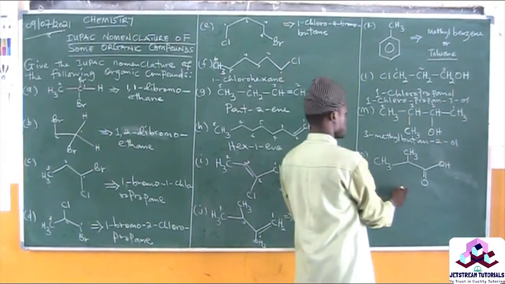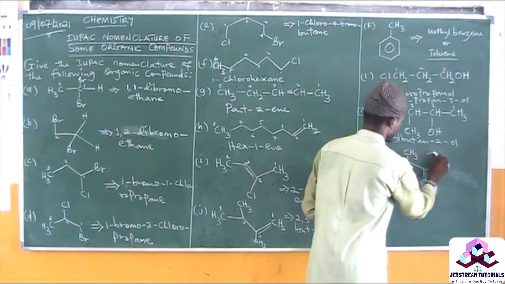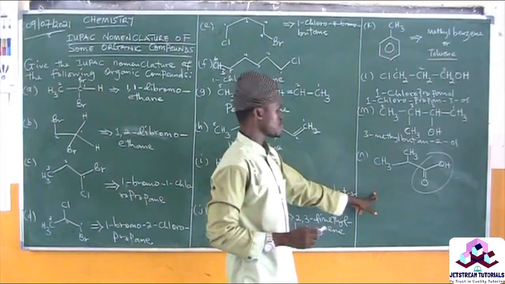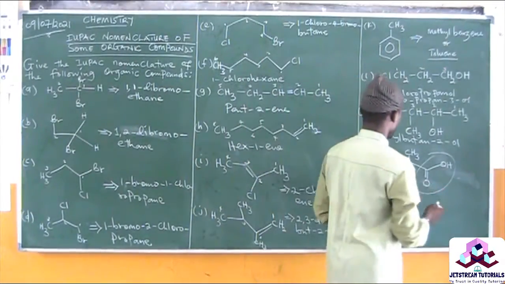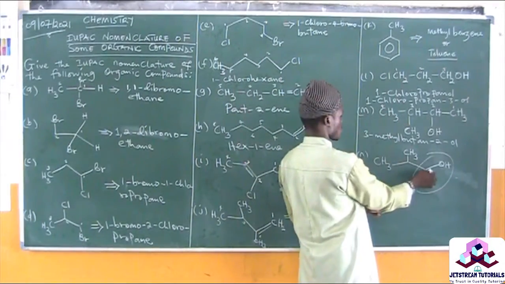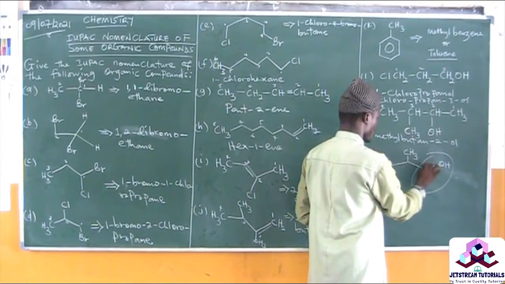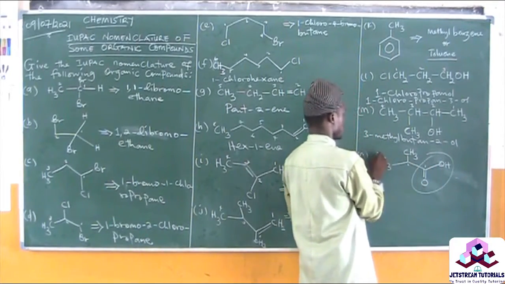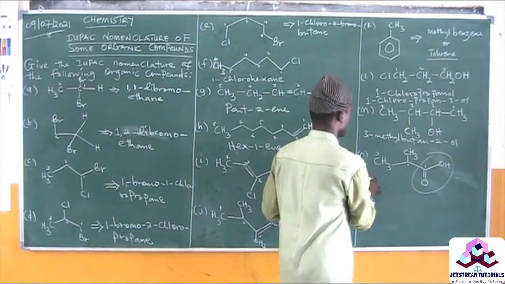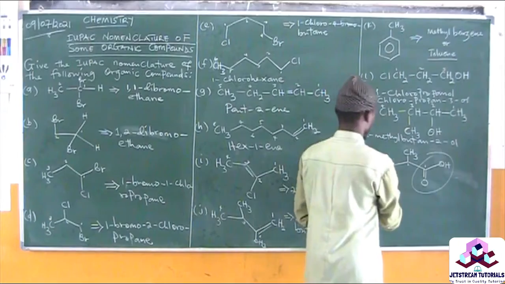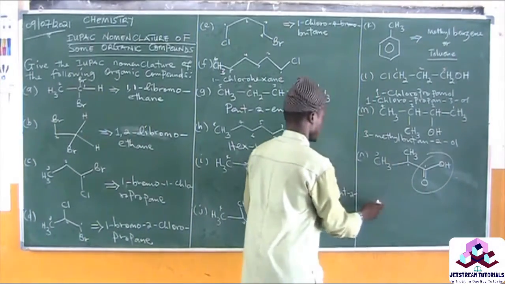Then coming to this, it is a carboxylic acid. How do we know that? Due to the presence of the carboxylic group attached. So how many carbon atoms do we have here? We have 3 carbon atoms. So numbering will start from here. 1, we have 2, we have 3. So in this case, this is going to be 2-methyl what? Propanoic acid. Is that okay?